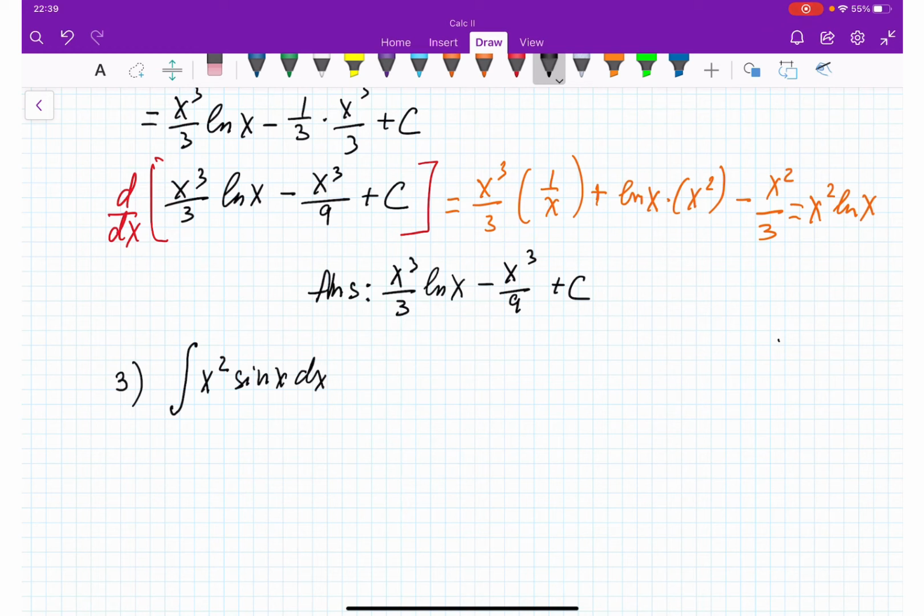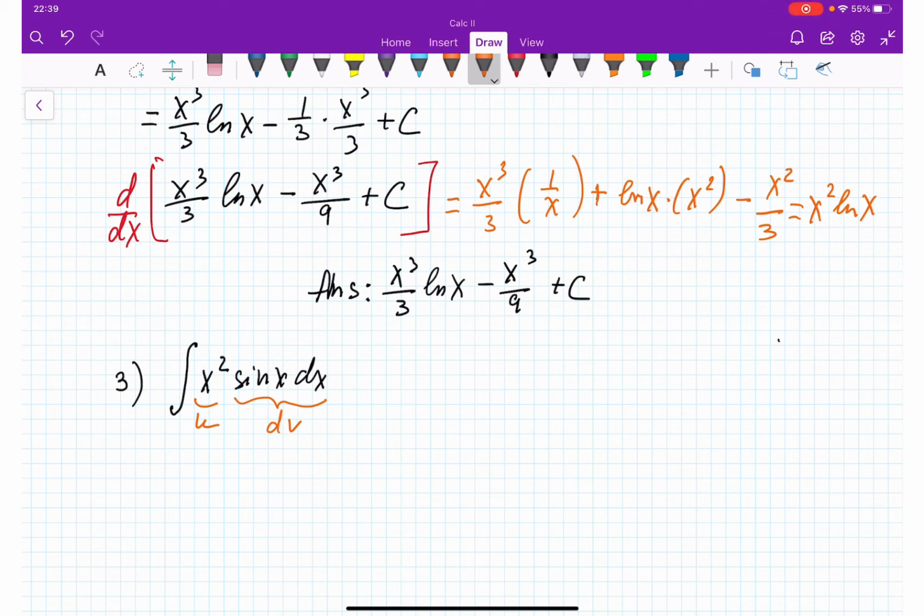But the derivative of x squared becomes much simpler, while derivative of sine x does not. So therefore, I'm going to choose dv as my sine x dx, and x squared is going to be my u.